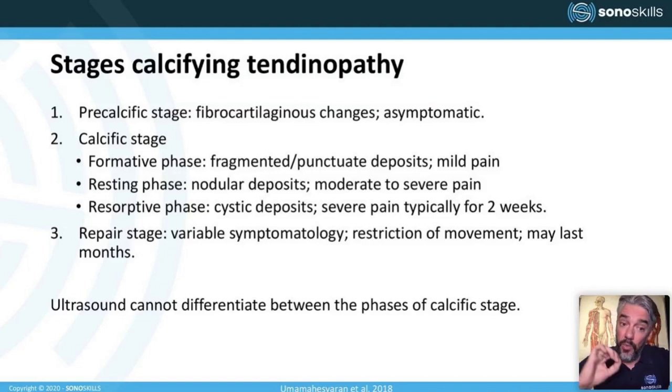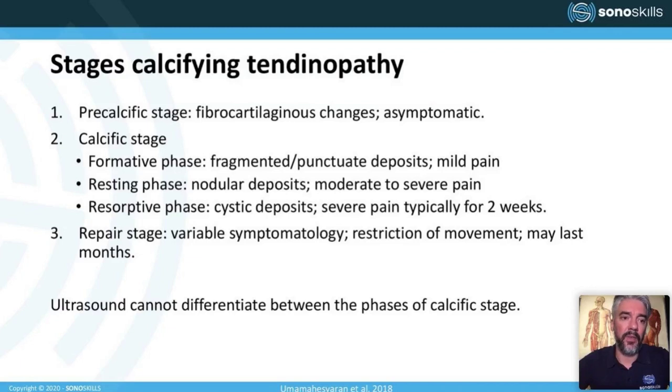In the resting phase, there is a deposit, it's clear, or it's nodular, and you feel moderate to severe pain. And in the resorptive phase, you also have very severe pain, but this fades away after roughly 2 weeks. And then there is a repair stage. This may take many months, and I would even say many years in some cases.